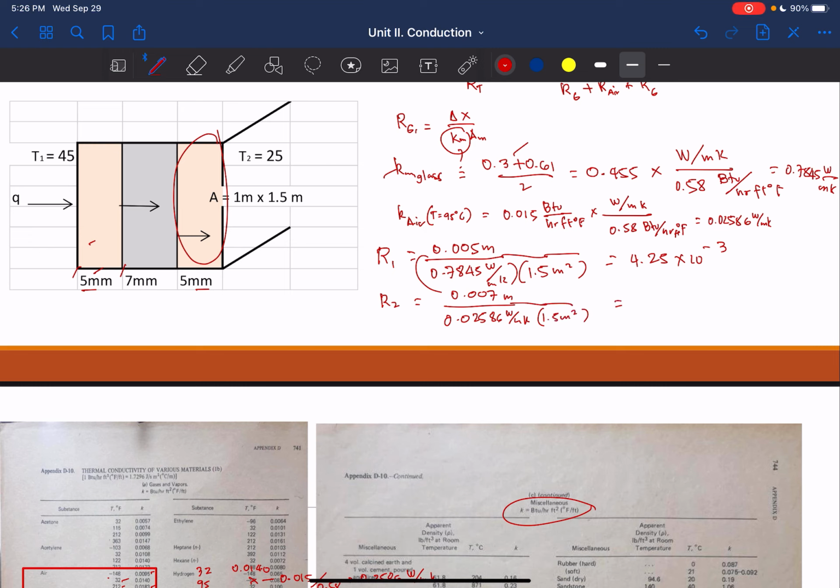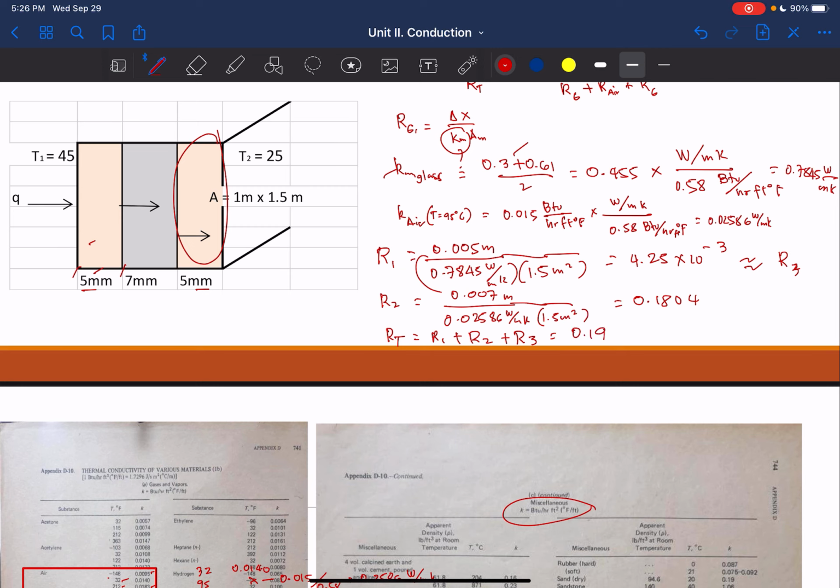So you get the value to be around 0.1804. This one is basically the same with your R3. Getting R total, which is R1 plus R2 plus R3, would give you around 0.19.